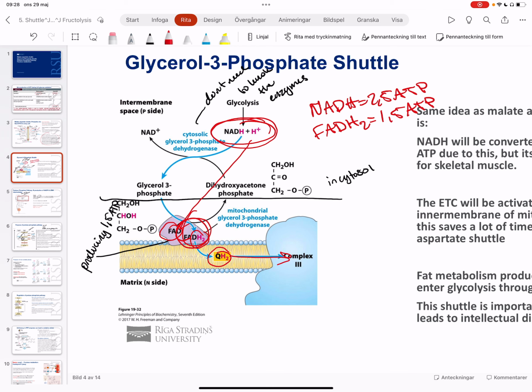So when we convert NADH to FADH2, that means that we gain 1 ATP less from this process. But this is beneficial maybe if we do fast movements, like in the skeletal muscles.